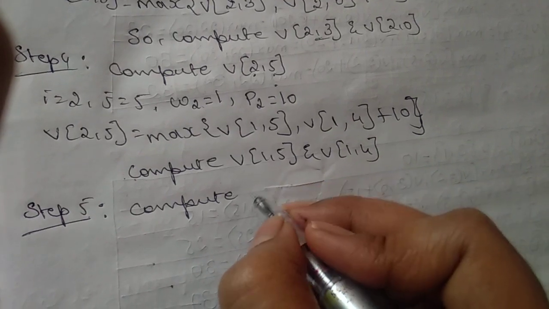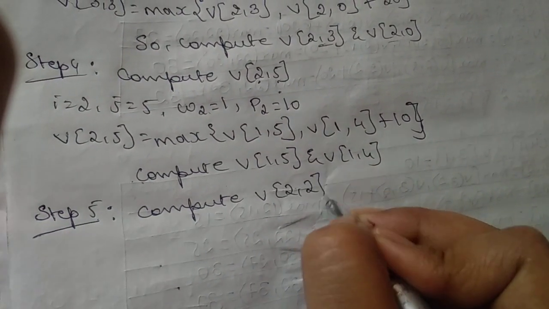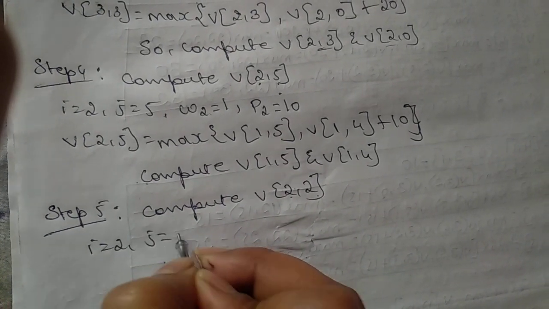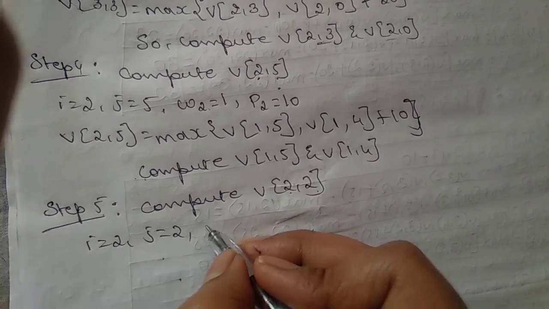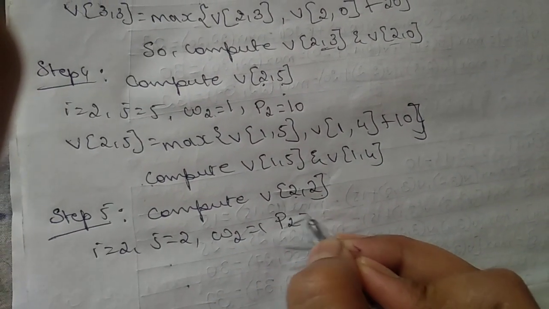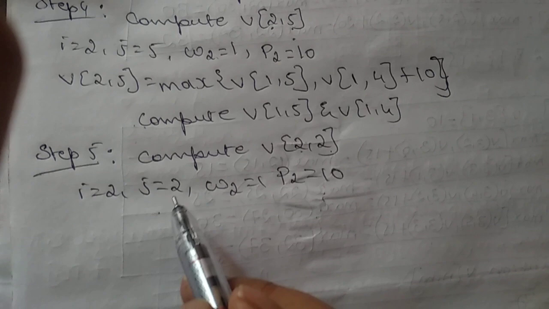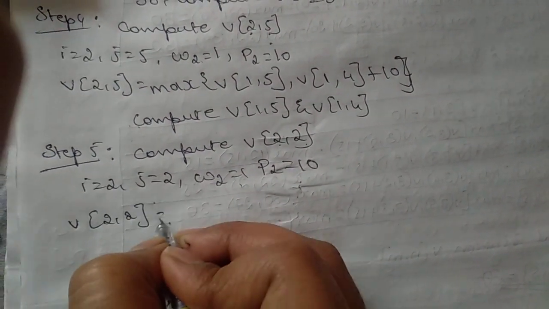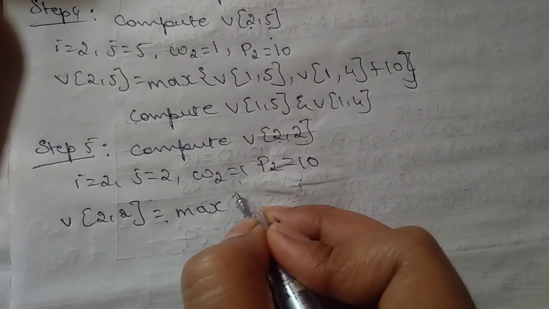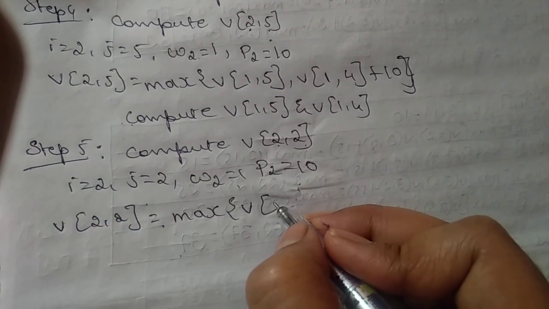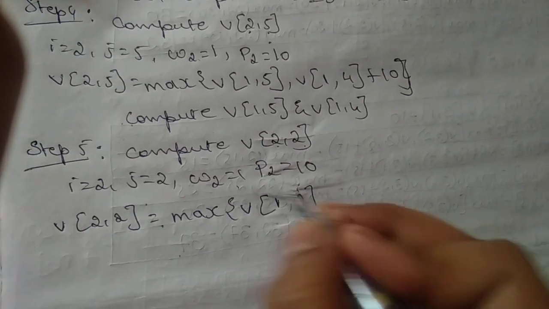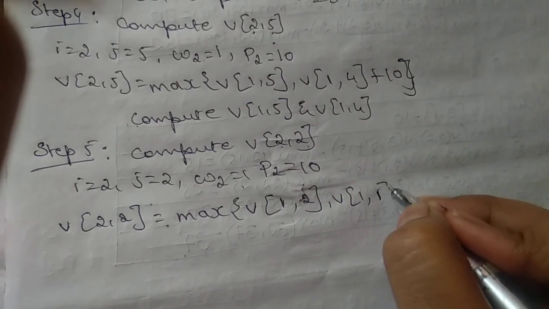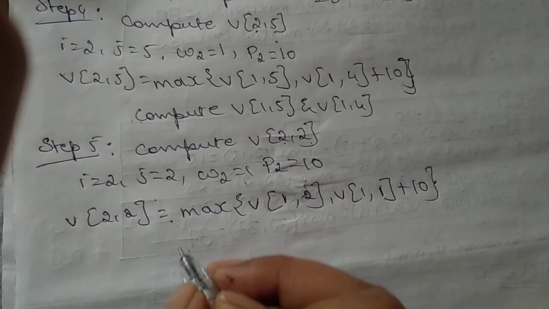Compute V of 2 comma 2. I is 2, J is 2. I is equals to 2 means again W2 is equals to 1, P2 is equals to 10. Here see again W is less than J. V of 2 comma 2 is max of V of I minus 1, that is 1 comma 2, that is J value, comma V of I minus 1 is 1, J minus Wi is 2 minus 1, plus profit 10.